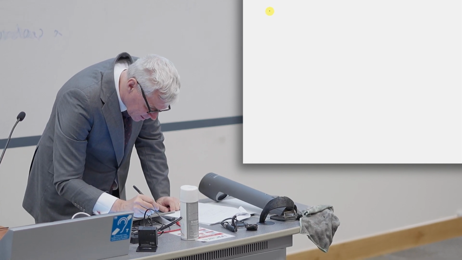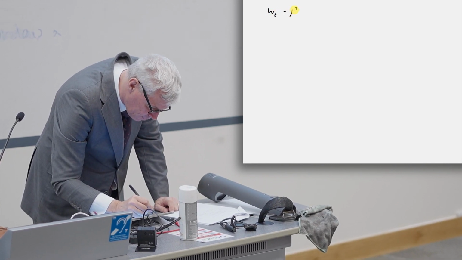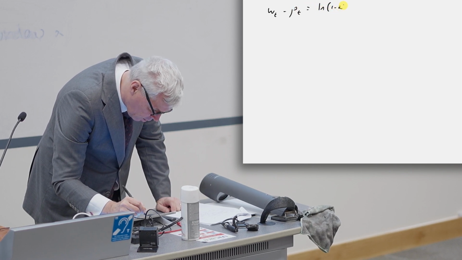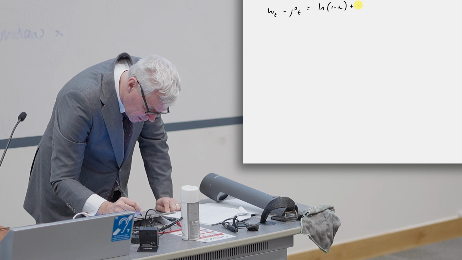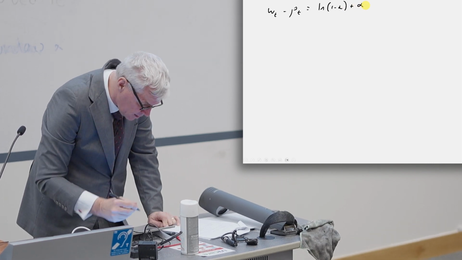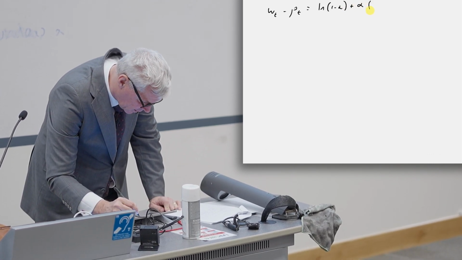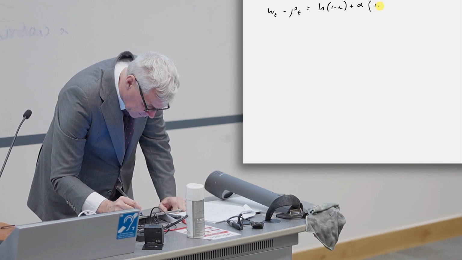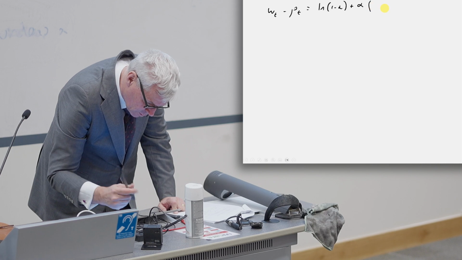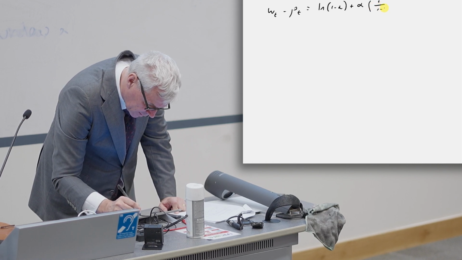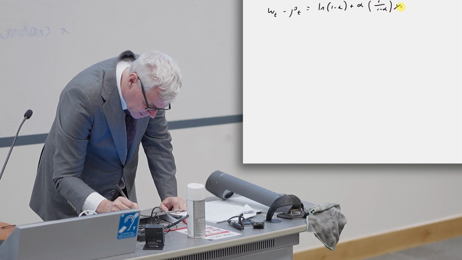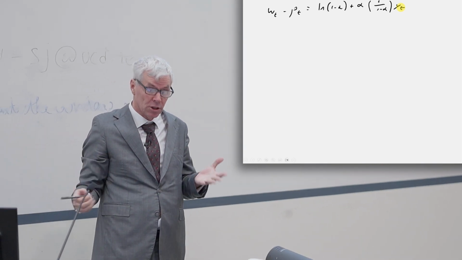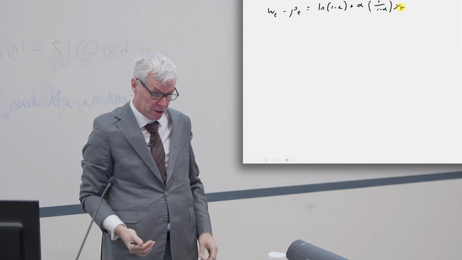It's going to be Wt minus Pt is equal to ln 1 minus alpha plus alpha times nt, but I'm going to write nt as 1 over 1 minus alpha yt. Right? That's just rewriting equation 1.